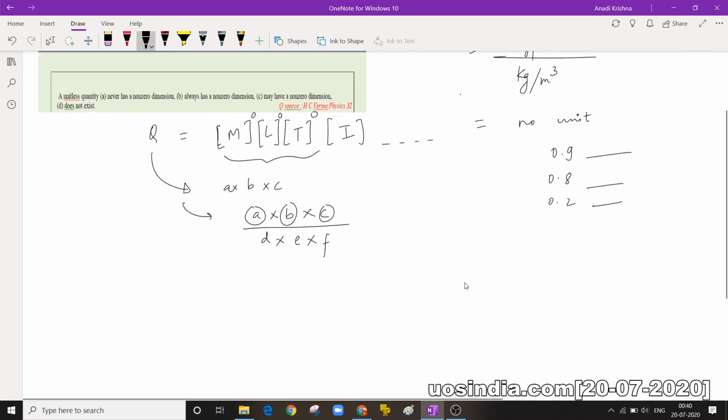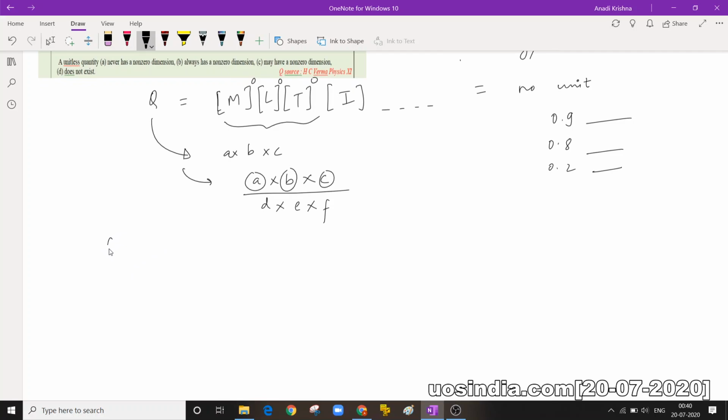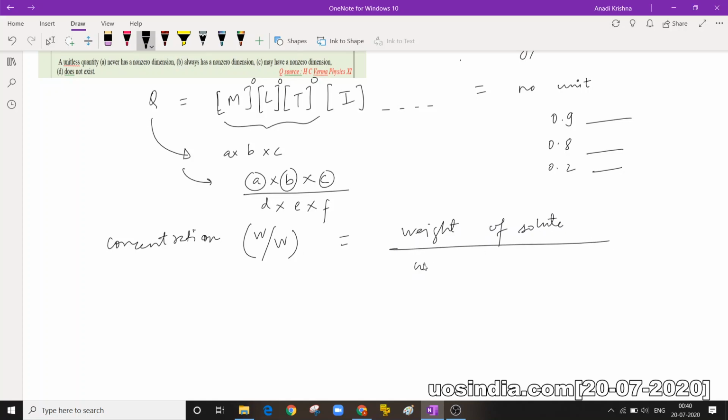But at the same time we have some quantities, like concentration. Concentration of a solution, if it is quoted weight by weight, what this means is there is weight of solute in the numerator and weight of solution in the denominator. Now you see in the numerator also you have weight, which will be quoted usually in mass, kg or gram, and in the denominator also there is mass, kg or gram, whatever you want to write.